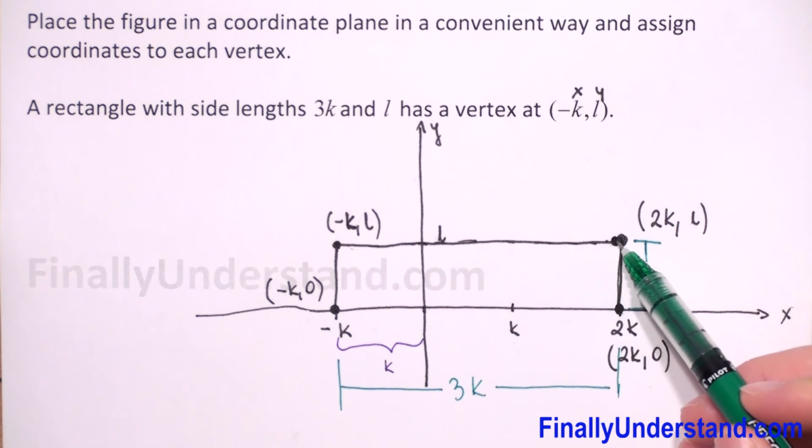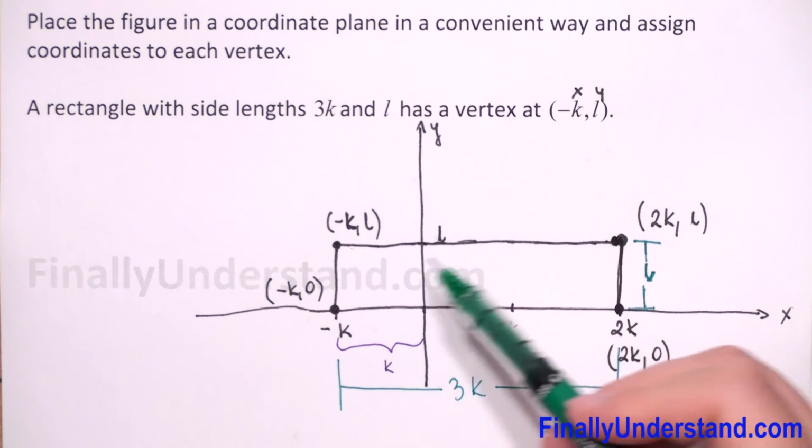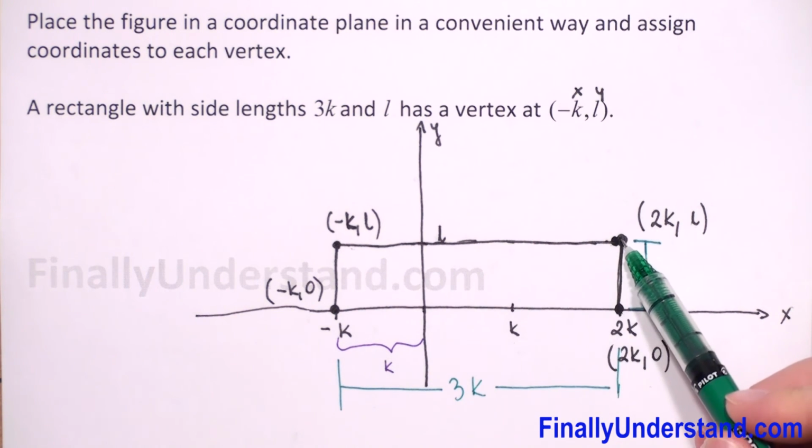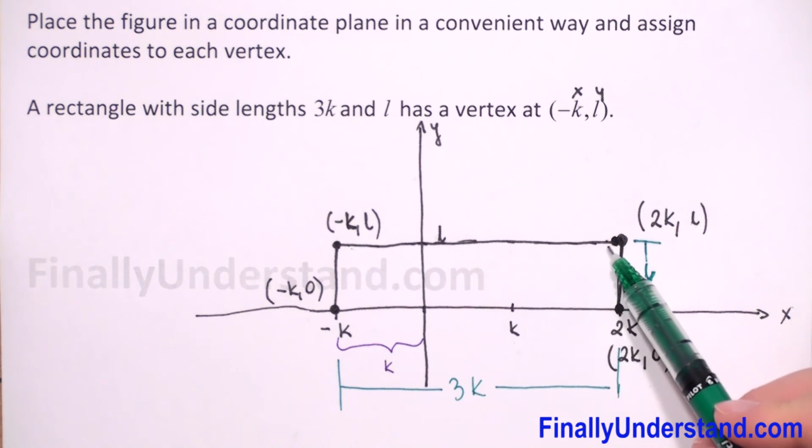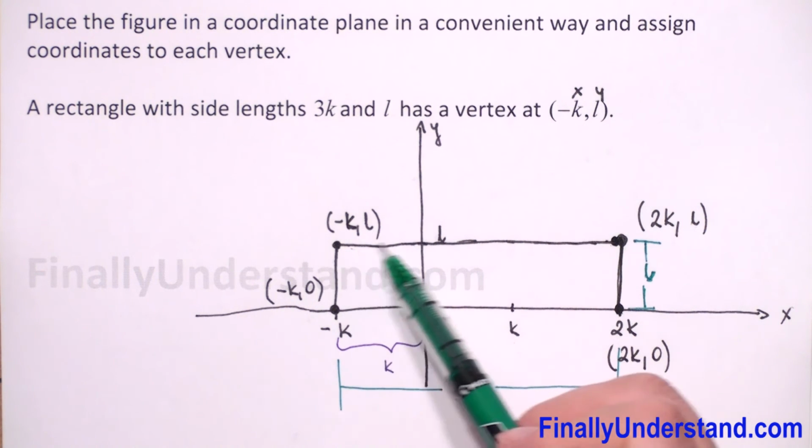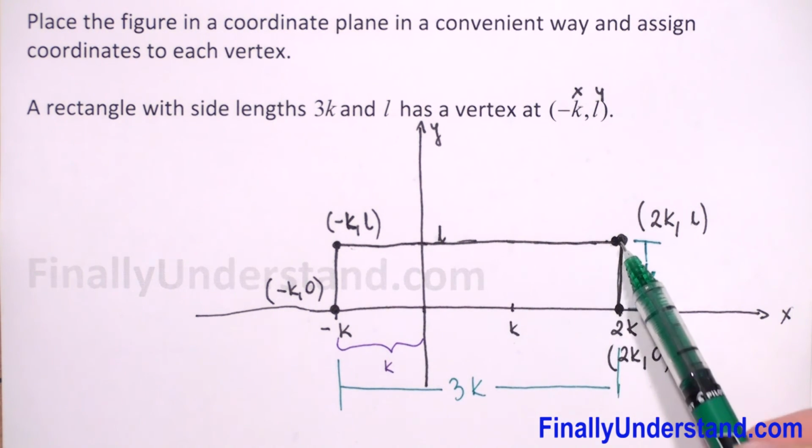And this side also has 3k, from negative k to 2k. The distance is 3k: 1, 2, 3. This is my solution.